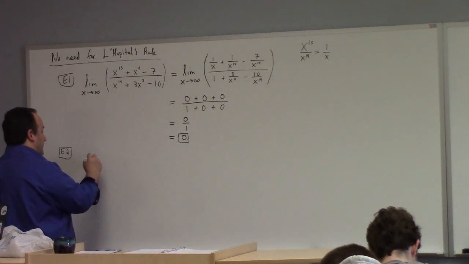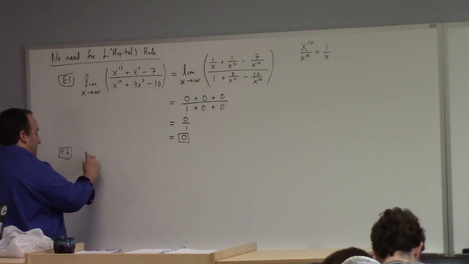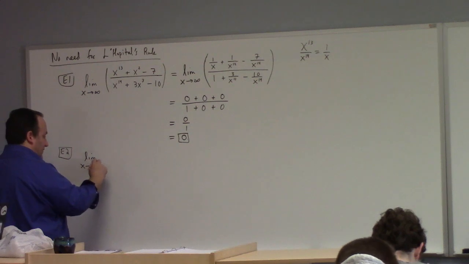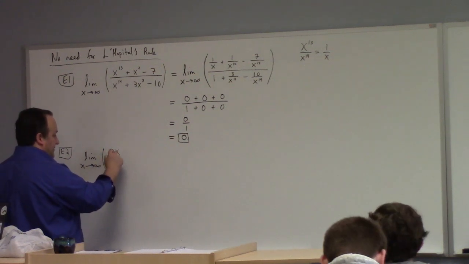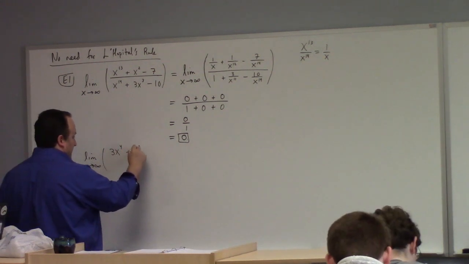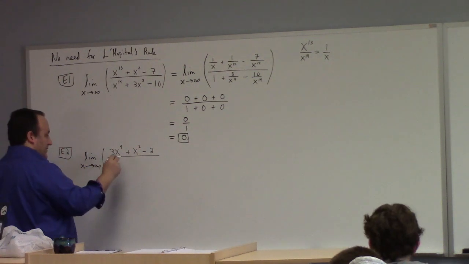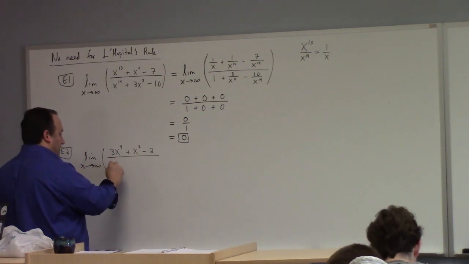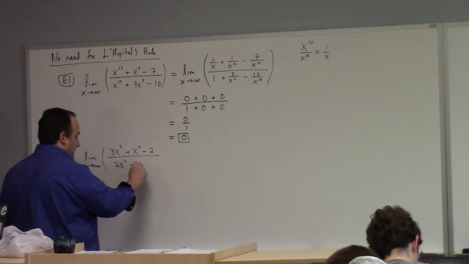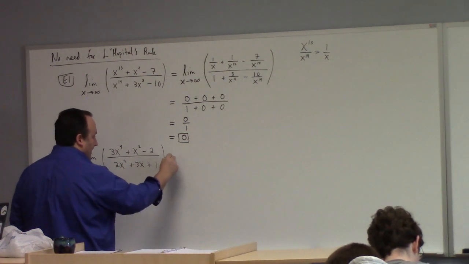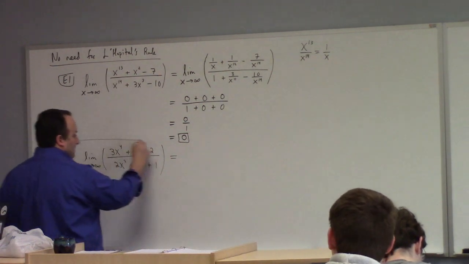How about if we have the limit as x goes to infinity of 3x to the 4th plus x squared minus 2, divided by 2x squared plus 3x plus 1. How would you do that one?